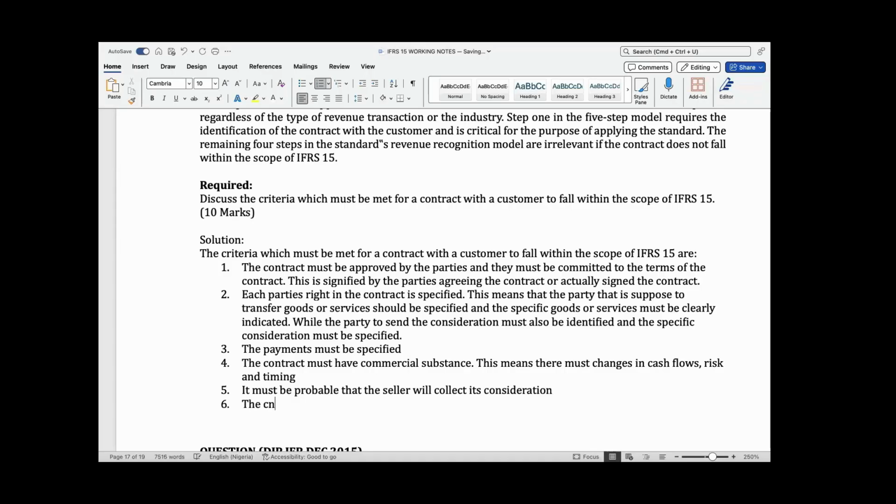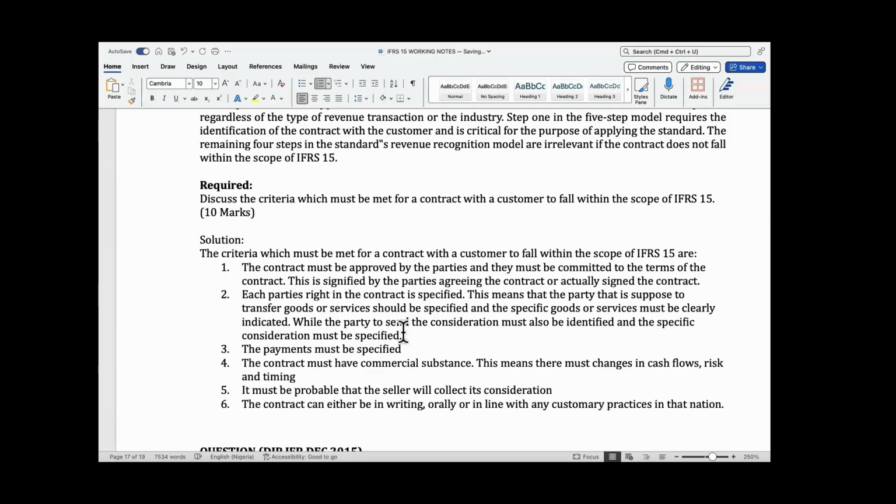Also, the contracts can either be in writing or in line with any customary practices in that nation.